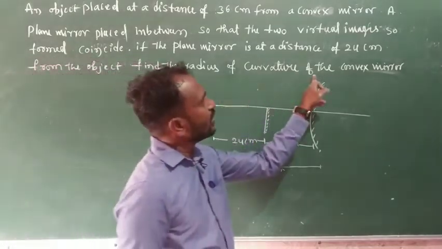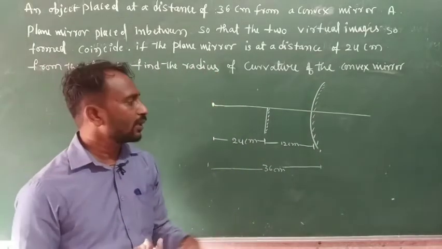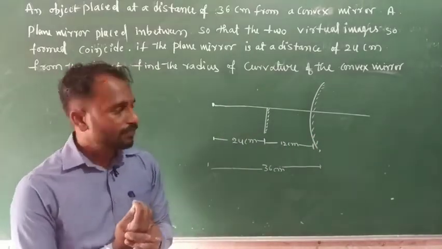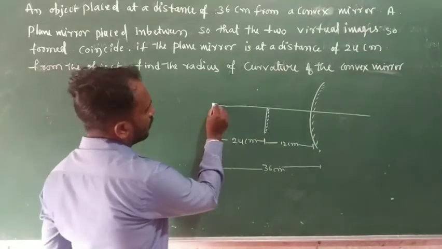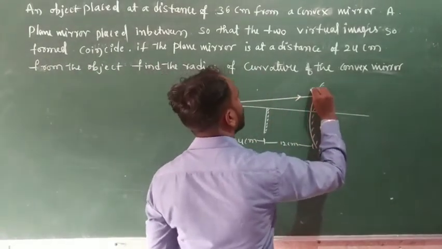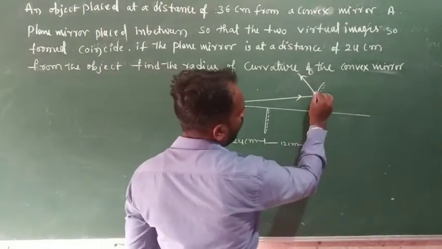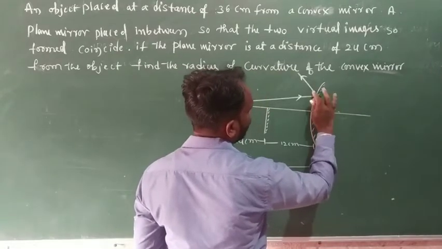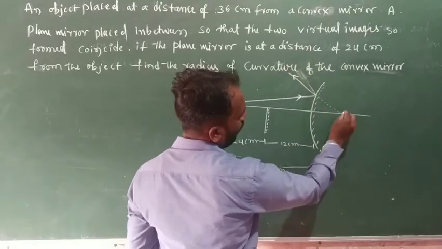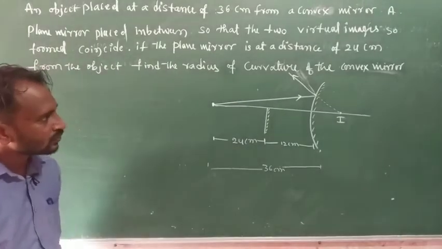Find the radius of curvature of a convex mirror. Here we want to calculate the radius of curvature of this convex mirror. Suppose this one is the incident ray and this is the reflected light ray. If I extend this one, somewhere we will get the image, which we consider I. Again, this is the incident ray and here the reflected ray. If you extend it, here we get the image.